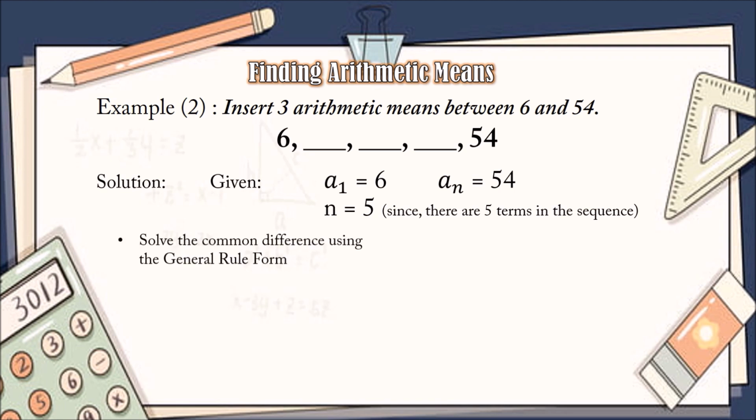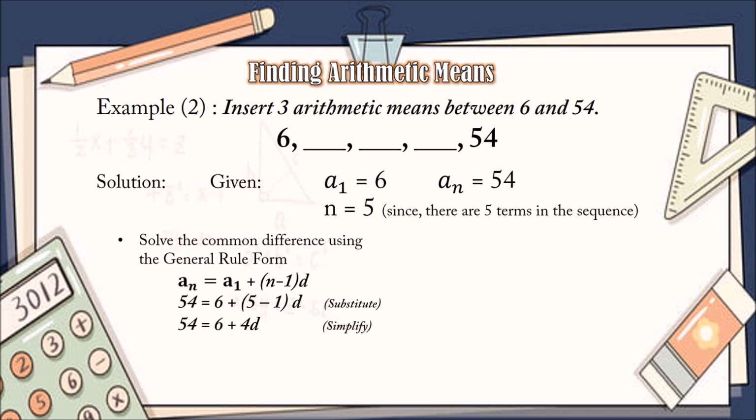First, we have to solve the common difference using the general rule. What is the general rule again? We have a sub n is equal to a sub 1 plus n minus 1 d. We are going to substitute the given values from the problem into the general rule. So we will have 54 is equal to 6 plus 5 minus 1 d.